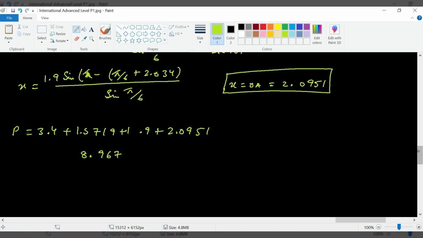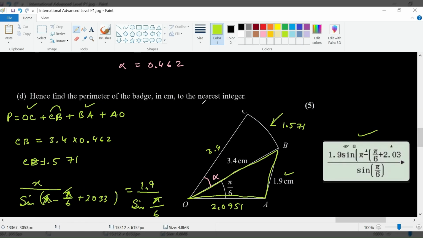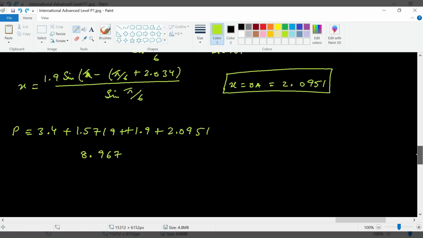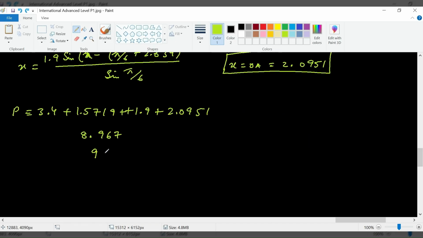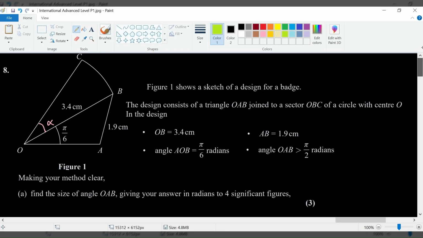And since we need the answer to the nearest integer, that means this is going to be a whole number, which is 9 centimeters, the perimeter of this badge. This was the last part of question number 8.